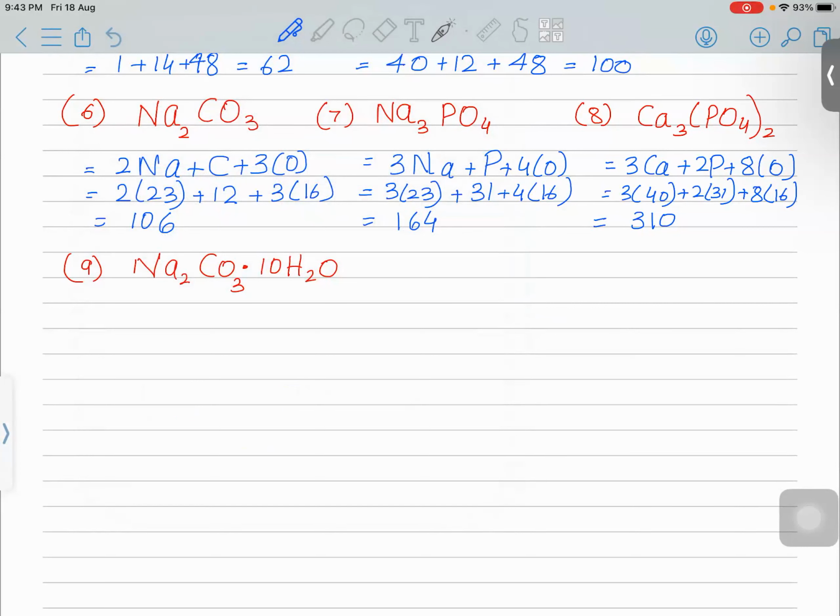Dot means it is a part of sodium carbonate. Such salts are called hydrated salts. Can anyone tell me how to solve?